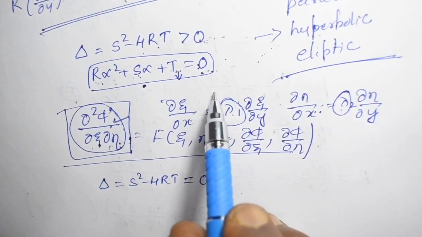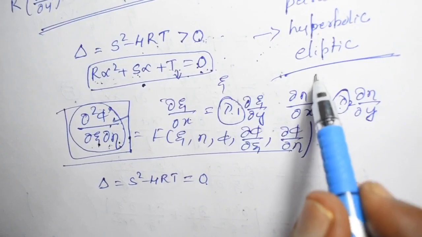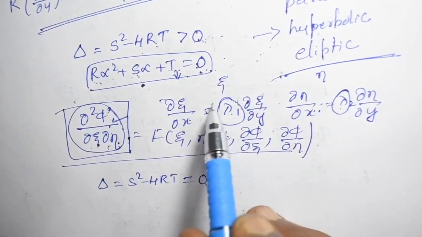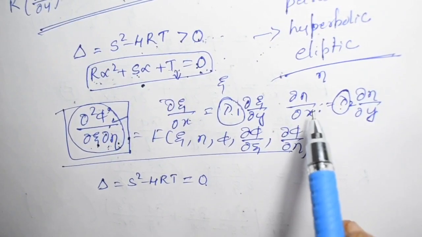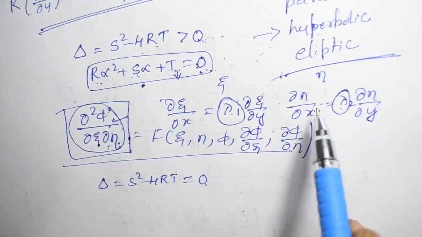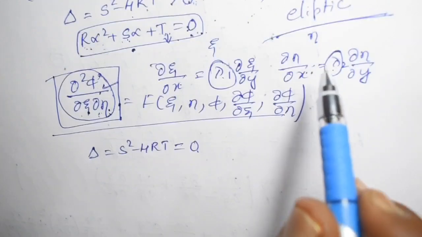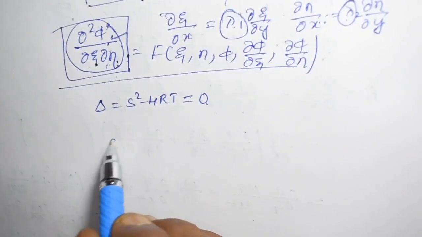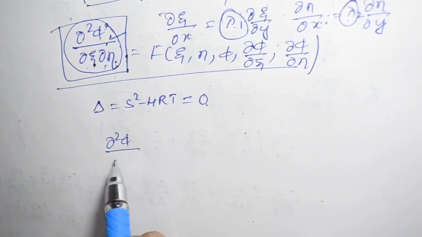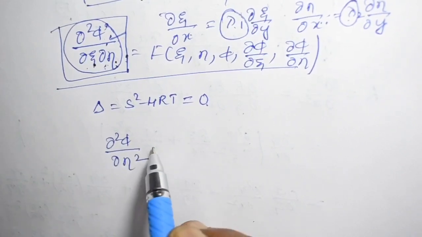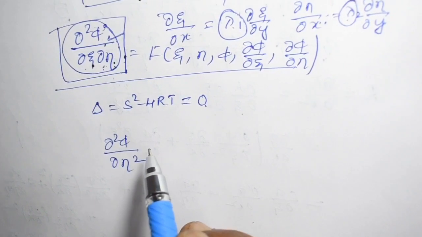With the help of these equations we find any one of them, either xi or eta, and the remaining one is chosen such that the second order derivative del square phi by del eta square remains, and all other second order derivatives vanish.